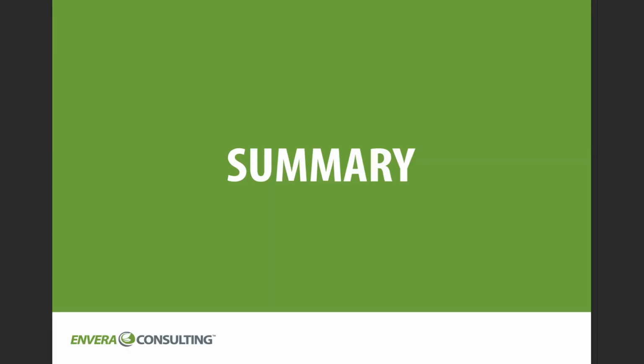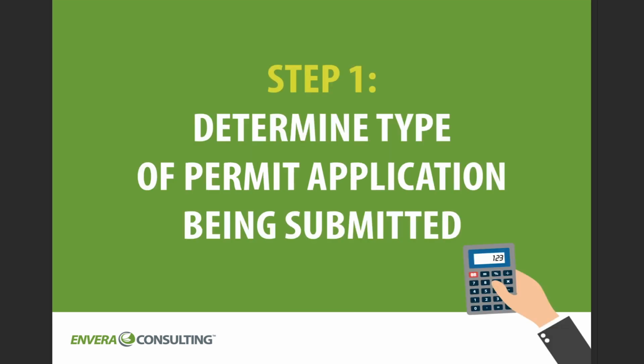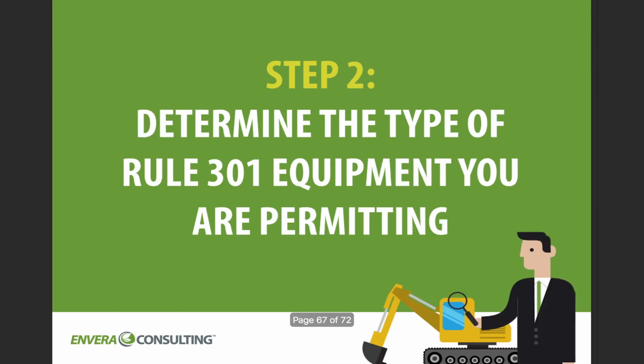So in summary, there are 6 steps needed to determine a permit processing fee. Let me just run through the steps one more time. Number 1, determine the type of permit application being submitted. Number 2, determine the Rule 301 equipment type that you are permitting.